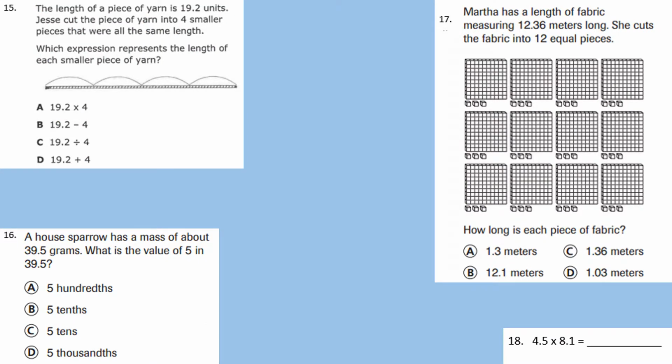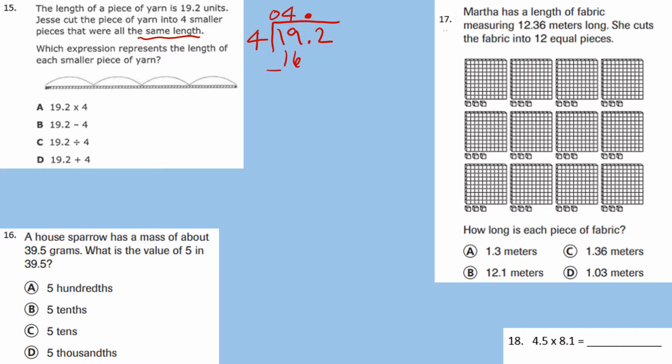All right, 15. The length of a piece of yarn is 19 2/10 units. Jesse cut the piece of yarn into 4 smaller pieces that were all the same length. Which expression represents the length of each smaller piece of yarn? So she takes 19 2/10 and divides it into 4 pieces. Raise decimal. 4 goes into 1 0 times. 4 goes into 19 4 times.